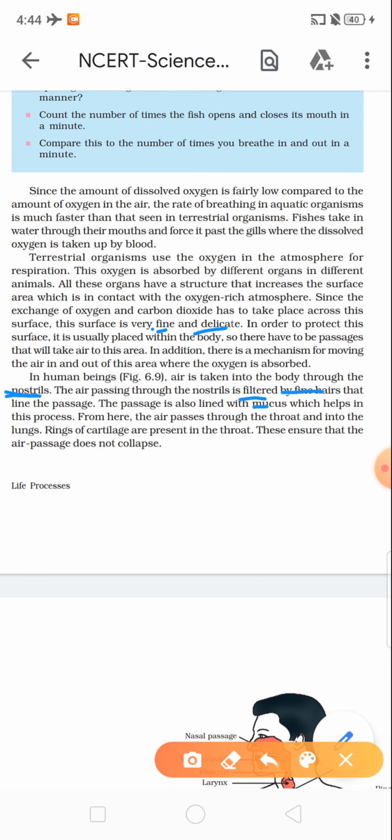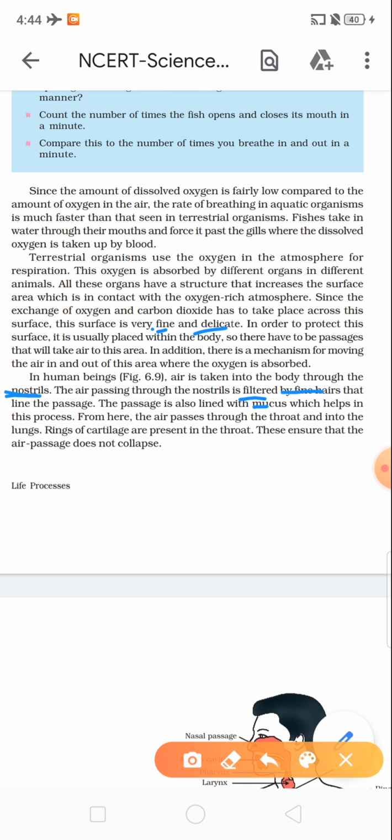I'll just show you what they are talking about. They are talking about rings of cartilage. I'll just show you the diagram. Yes, you can see here they have shown rings of cartilage.